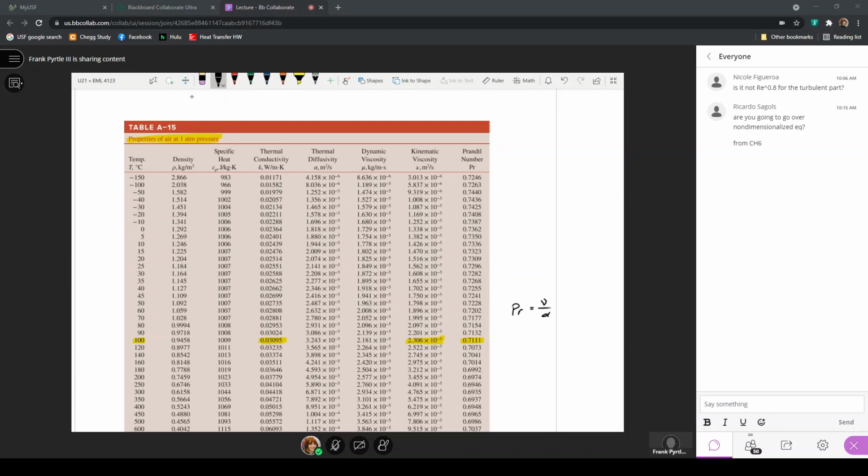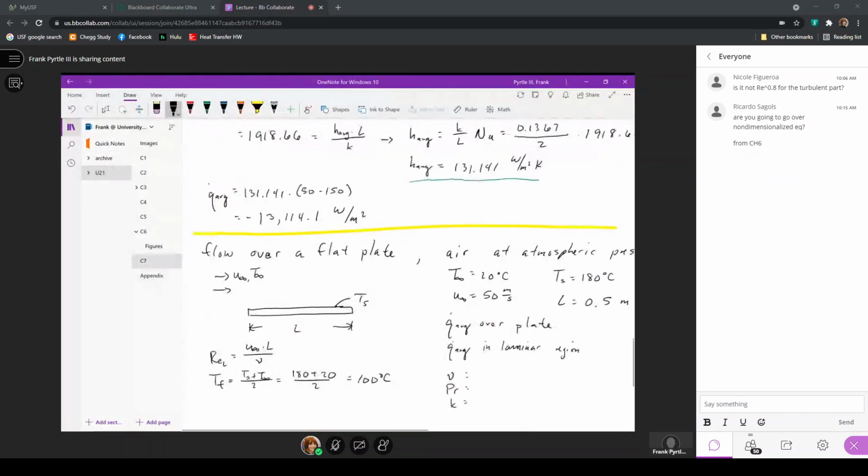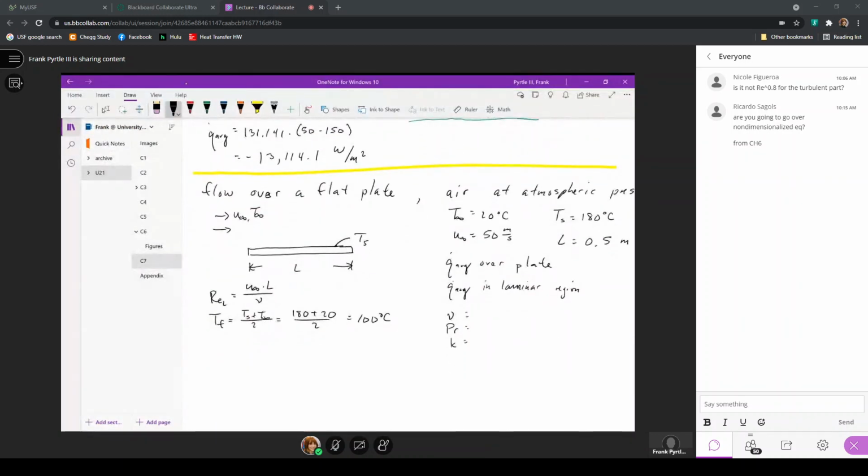So here are the quantities then that we would have to reference in order to calculate the Reynolds number, the Nusselt number, and eventually the heat transfer coefficient. So here are the thermal conductivity, kinematic viscosity, and Prandtl number. For the thermal conductivity, this was 0.03095.